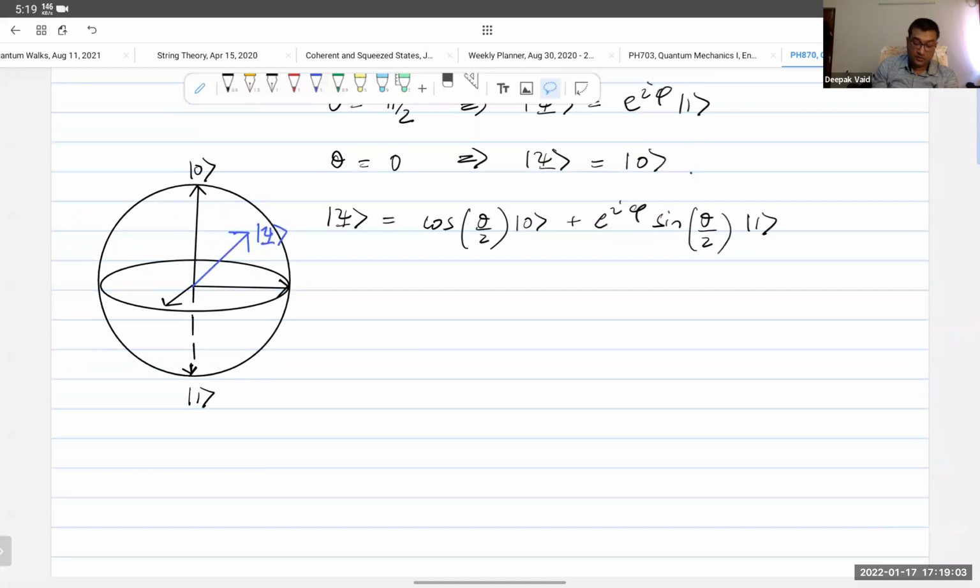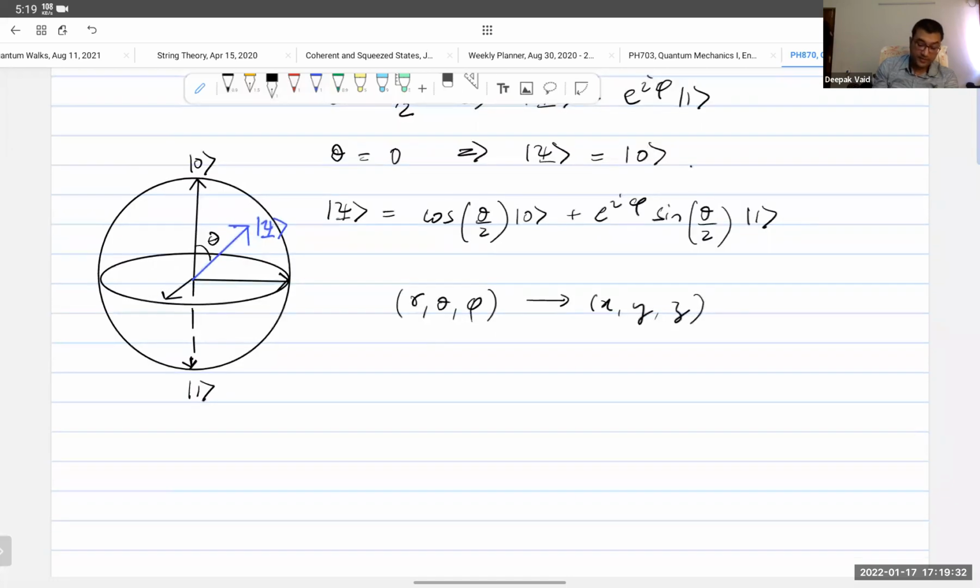And now theta and phi, what are these two angles? Theta is the angle from the vertical. In spherical coordinates, you have r, theta, phi, or actually, since I'm using the curly phi, I'll stick to that. And in Cartesian coordinates, you have x, y, z, and this x, y, z has nothing to do with position, by the way.